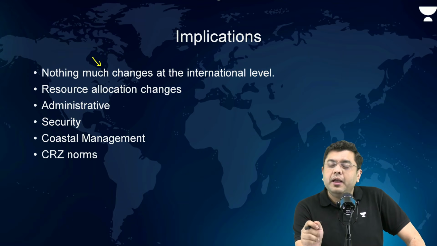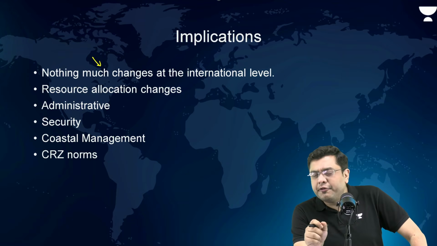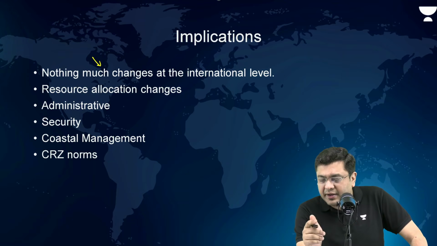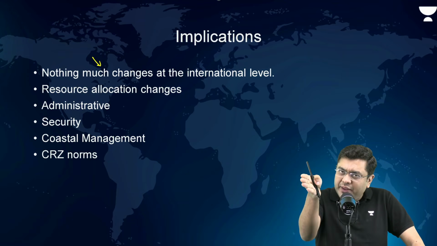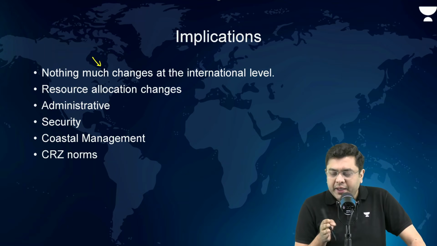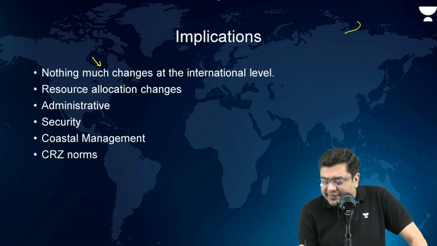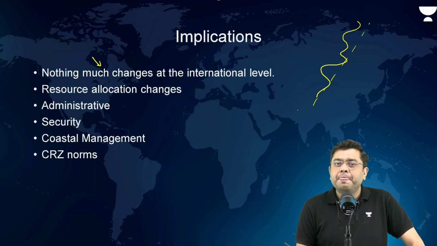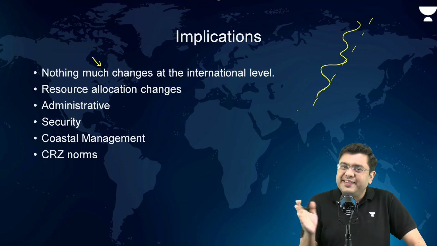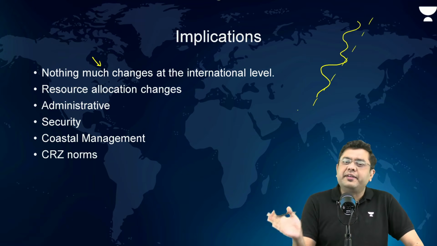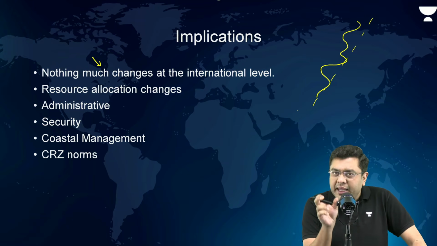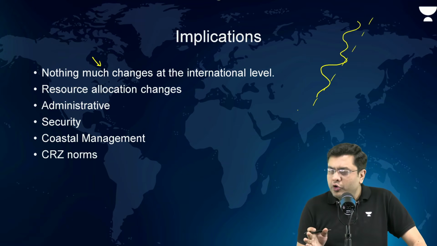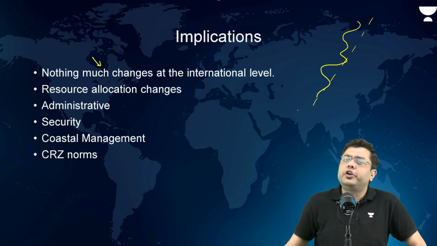Why? Because the extent of the exclusive economic zone is done based upon the line of your shoreline, right? So if the coastline is somewhat like this and this is the water, this is what you consider the shoreline. That is basically where from you consider the area of the exclusive economic zone or territorial water. So this does not change.